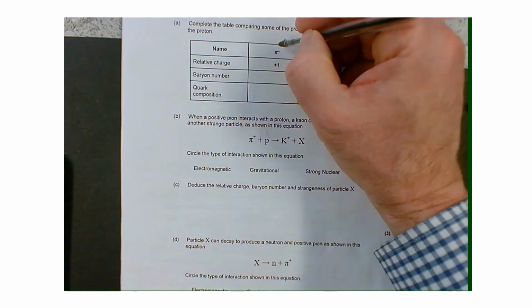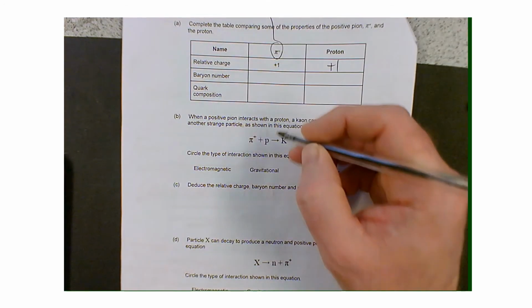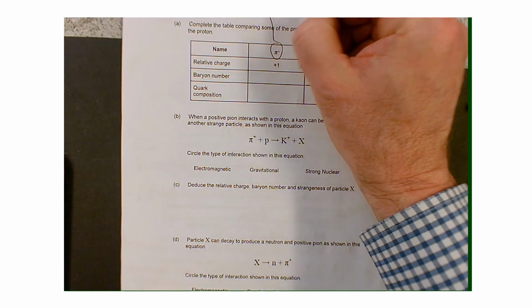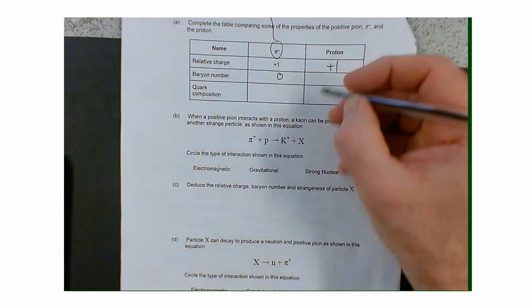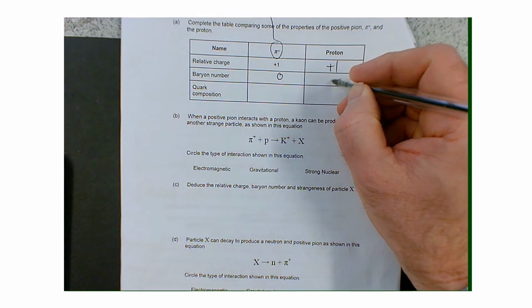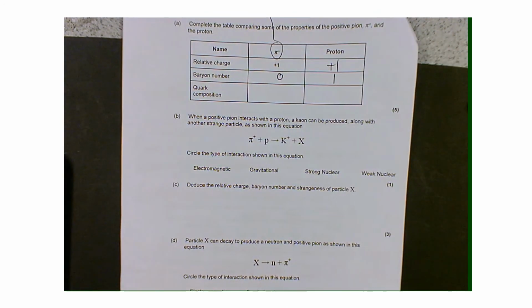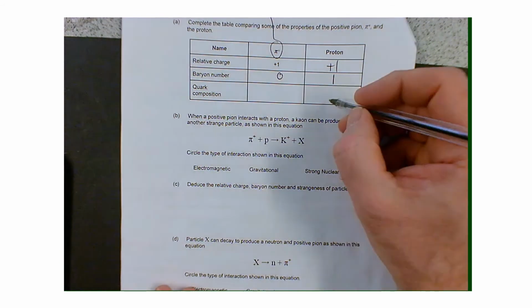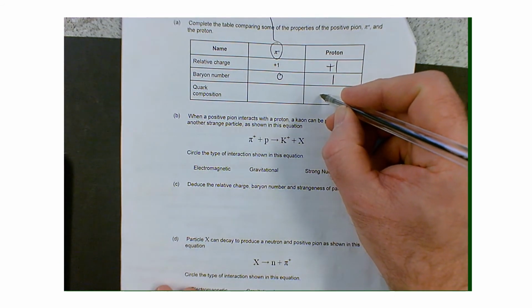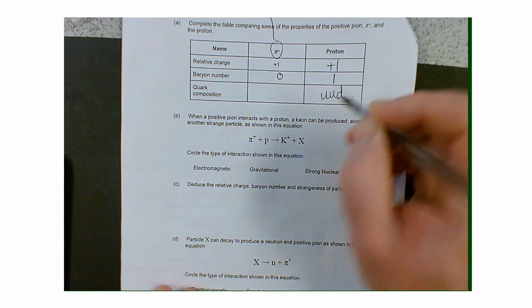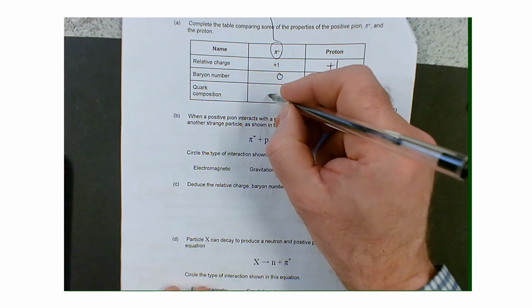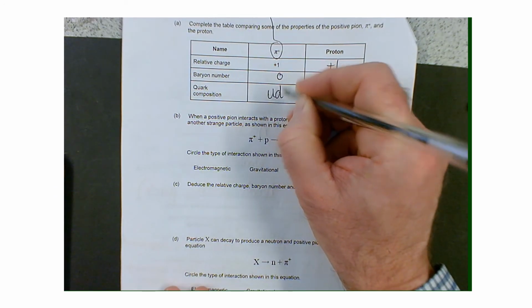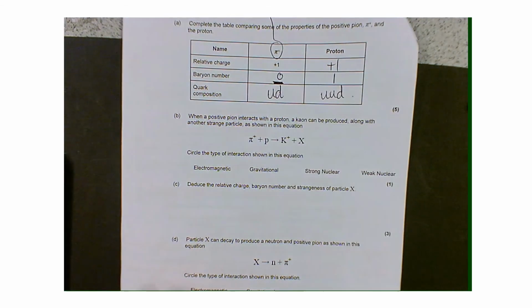What type of particle is this? It's a meson, yeah, and the mesons have a baryon number of 0. The proton has got a baryon number of 1. The quark composition of the proton is up, up, down, and for the pion plus, up and anti-down. Okay.